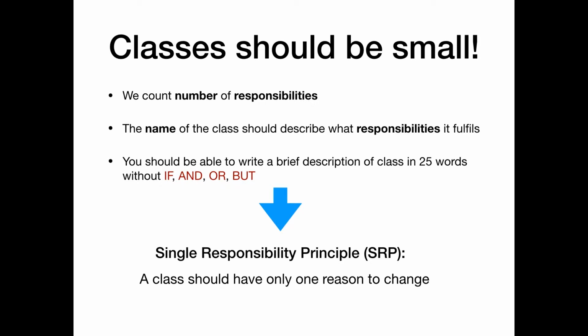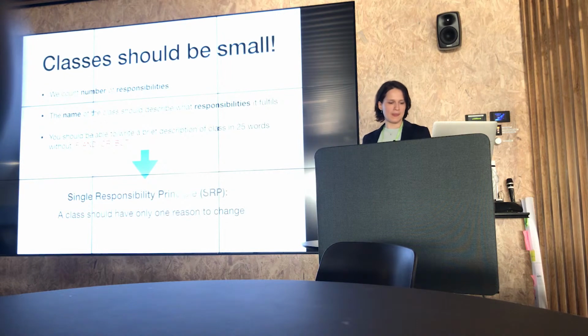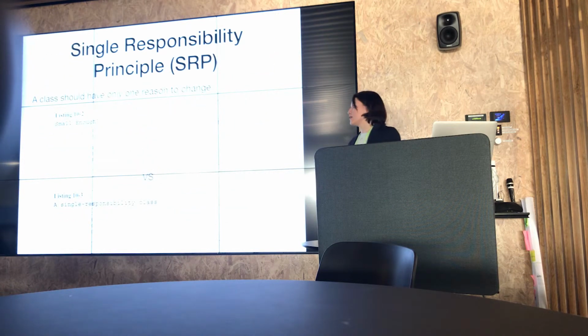And all that leads us to the single responsibility principle, which states that a class should have only one reason to change. So let's have a look at these examples from the book.